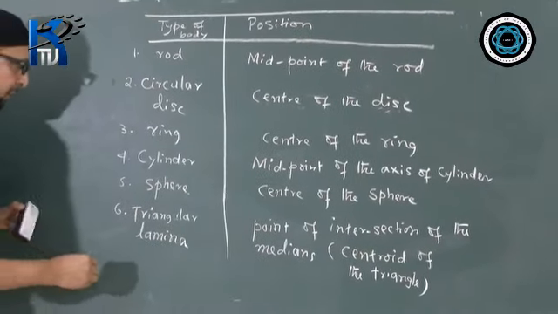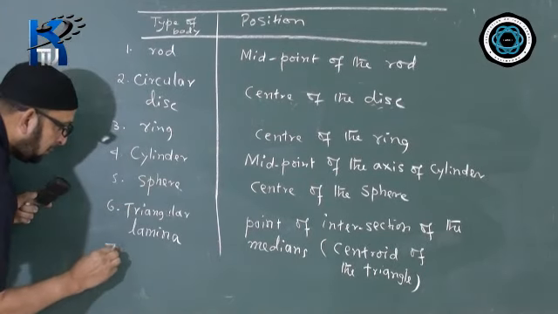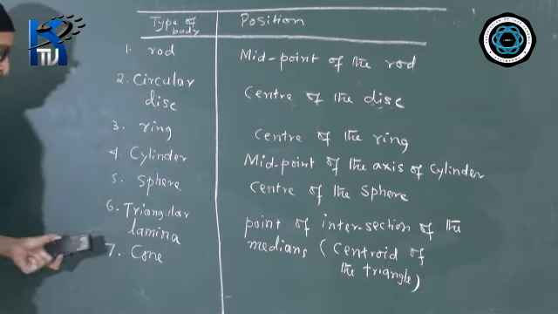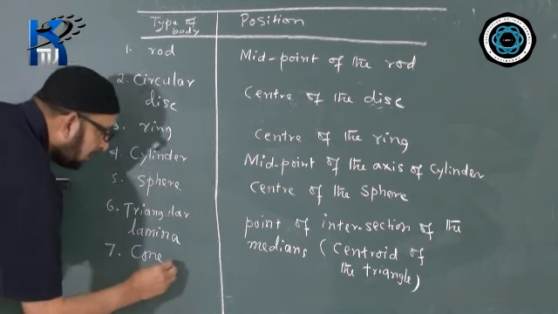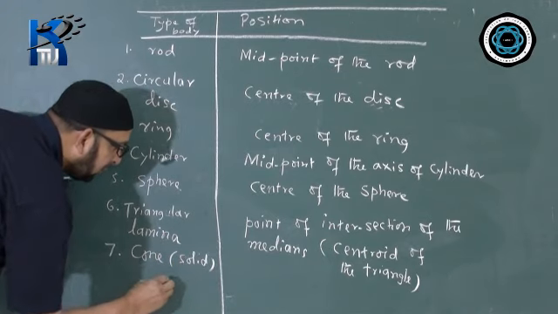If we are having a body in the form of a cone, then here you have to see the case. There are two cases. We may have a solid cone, we may have a hollow one.